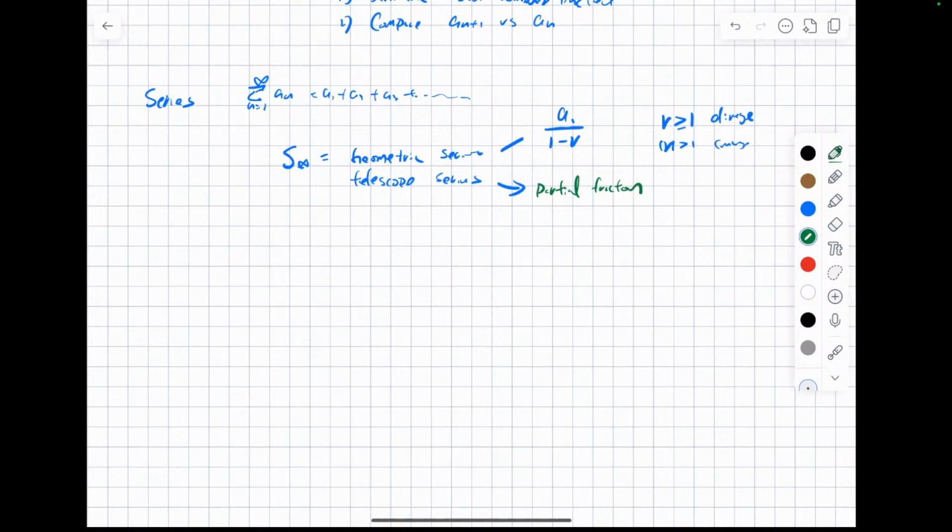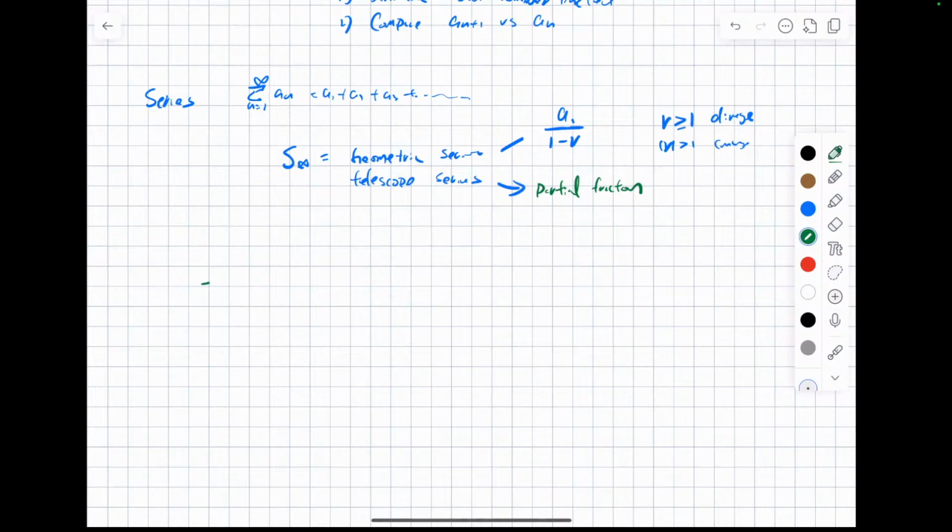One of the tests that you should always do first is what? What's the first test you should always do? The first test you should do is the N-term divergence test. We're going to come back to this one because today we're going to talk about something that deals with it.